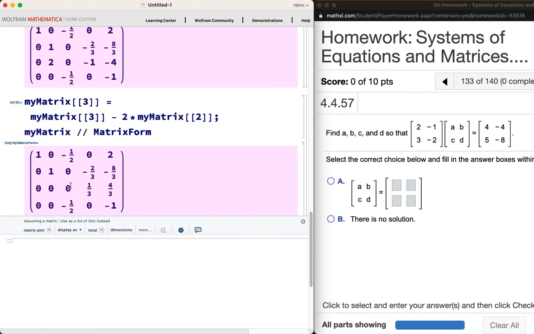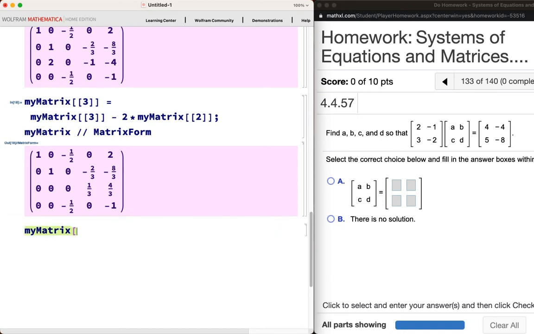Now the problem is this is supposed to be a 1. You can't change 0 into 1 through multiplication. So these 2 rows are going to have to get swapped. Easily done.